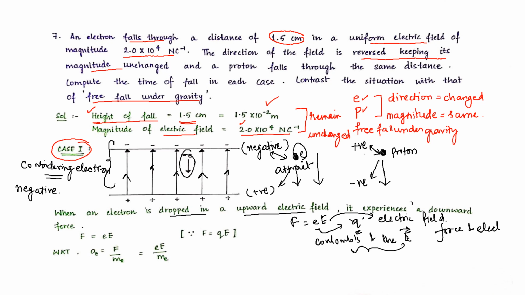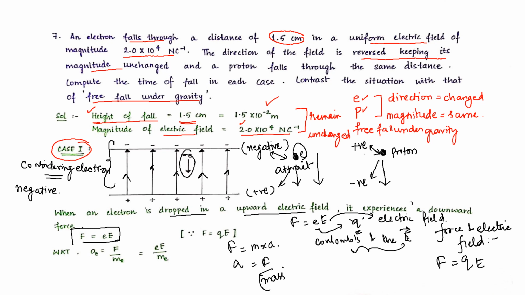That is force equals q into E. Now from Newton's law of forces, we know that force equals mass into acceleration, F = ma, and then our acceleration will be force divided by mass.